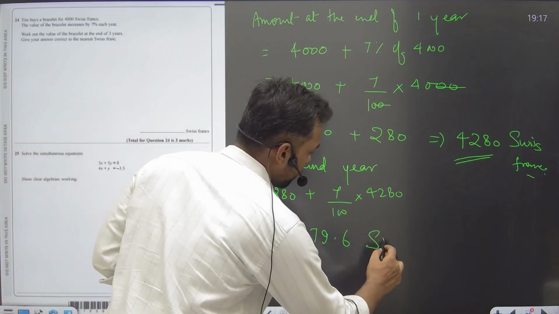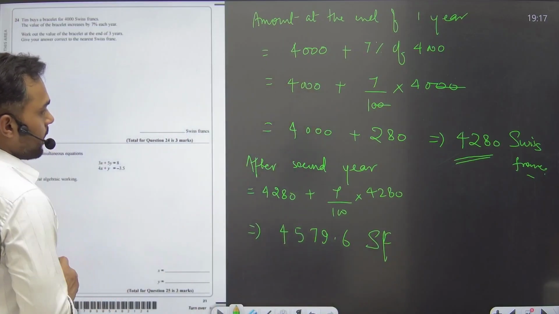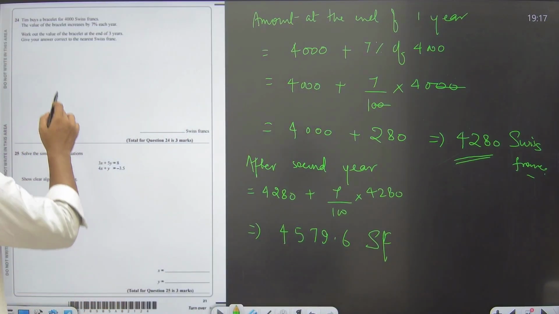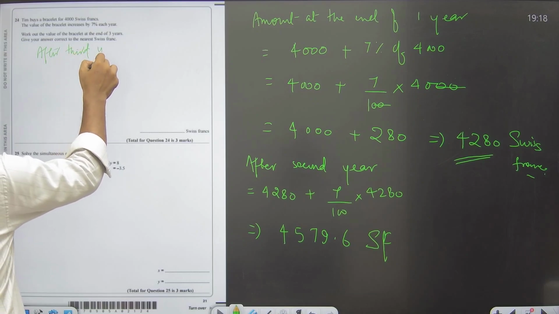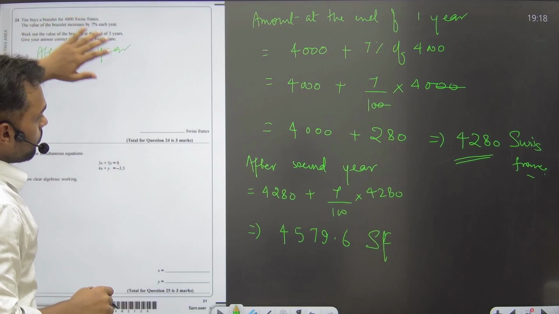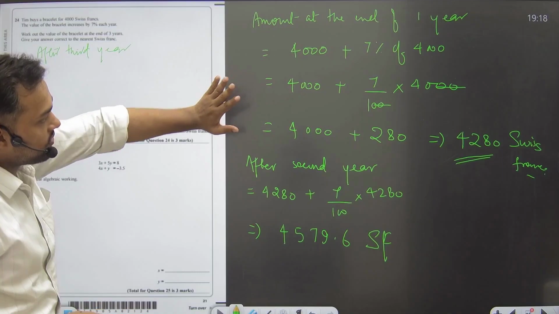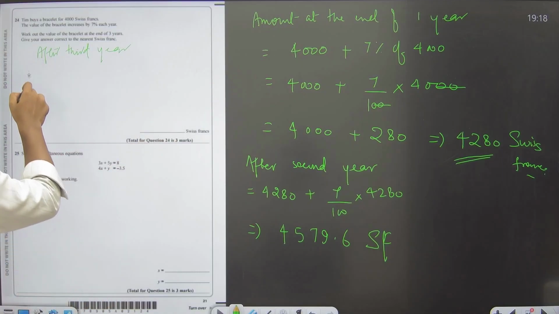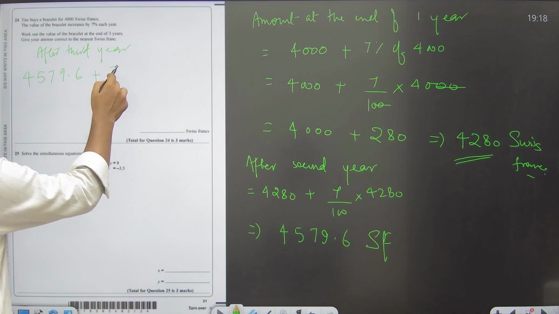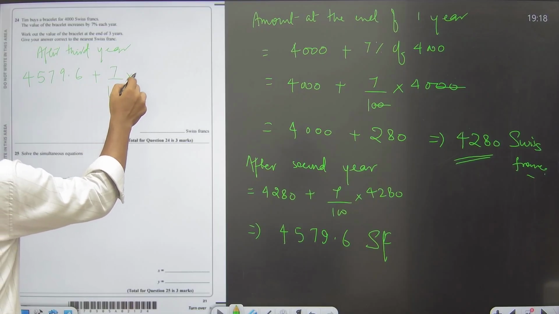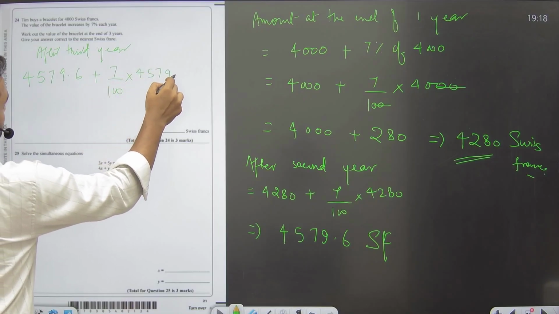Okay, Swiss francs. Now after the third year, again this amount will face an increment of 7%. So it will be 4,579.6 plus 7% of 4,579.6.